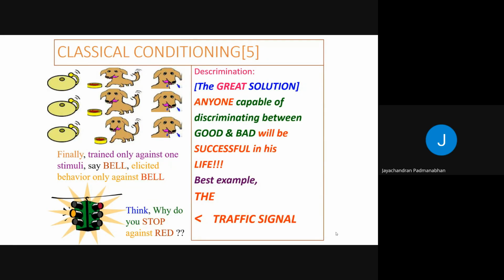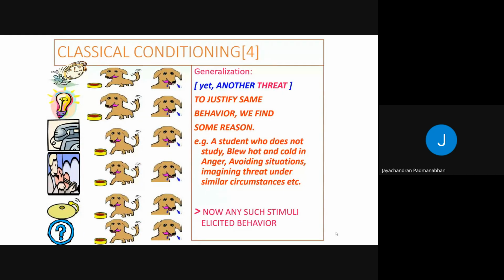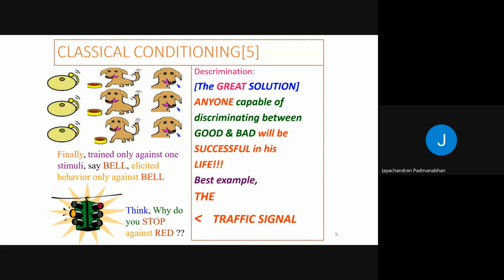Here, Pavlov gives the best example of what he did: he taught the dog to salivate to various stimuli, then trained the dog to salivate exclusively to the ringing of the bell. He said a person who is capable of discriminating good and bad will be successful in life.